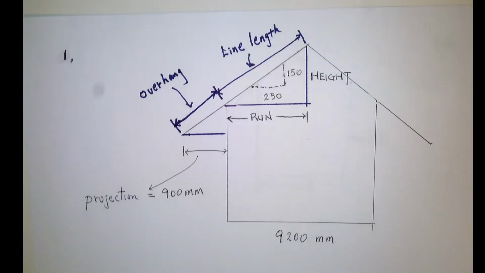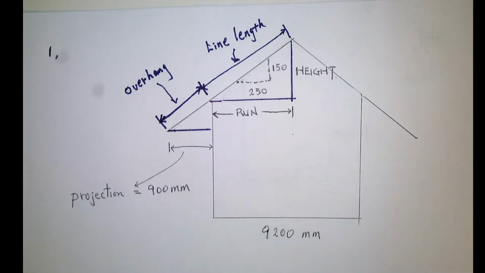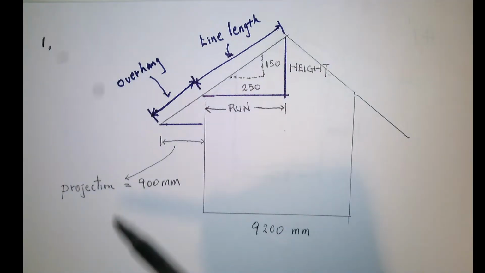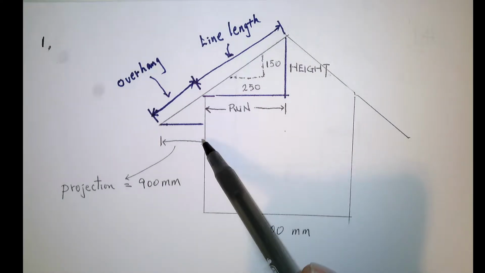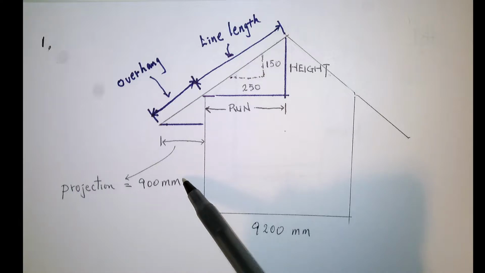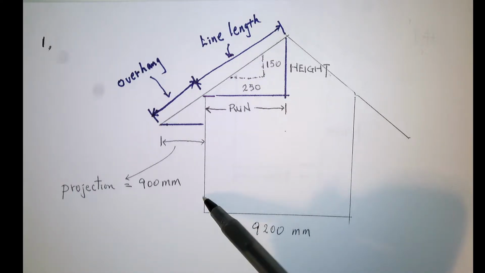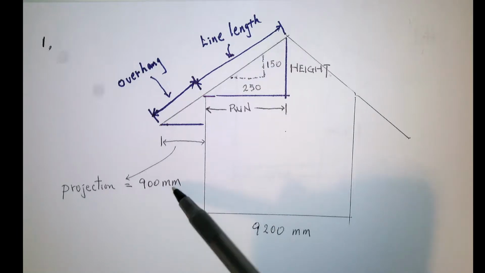So the given. For example, the meaning of projection. Projection means how much the roof extends horizontally away from the wall. That's given as 900 millimeters.